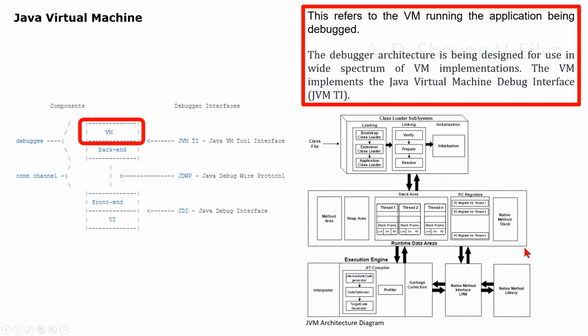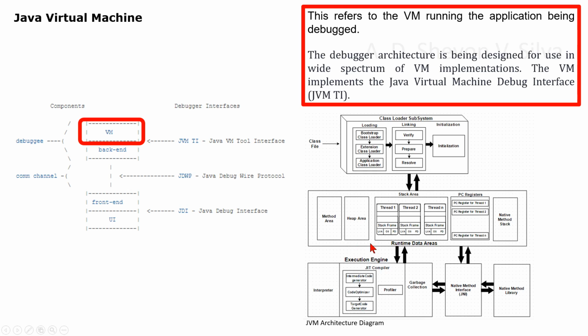Runtime data area. The runtime data area is divided into 5 major components. Method area. All the class level data will be stored here, including static variables. There is only one method area per JVM and it is a shared resource.